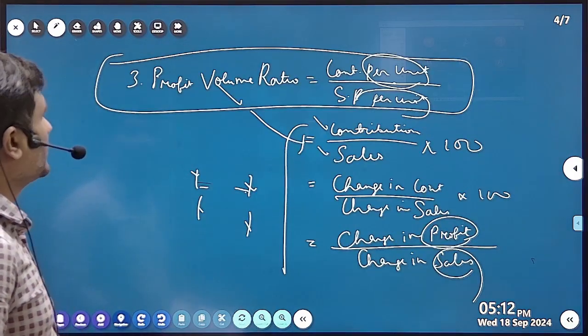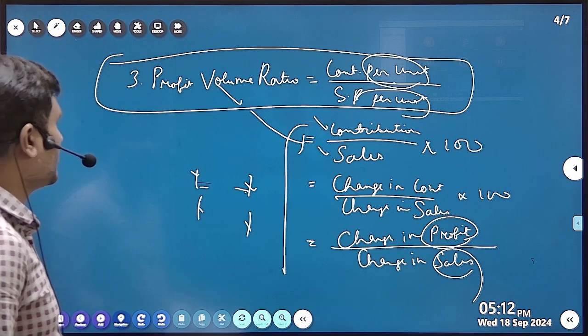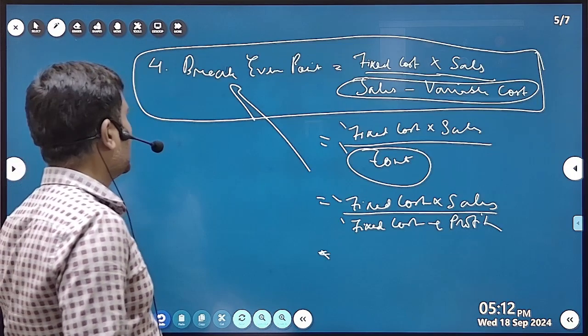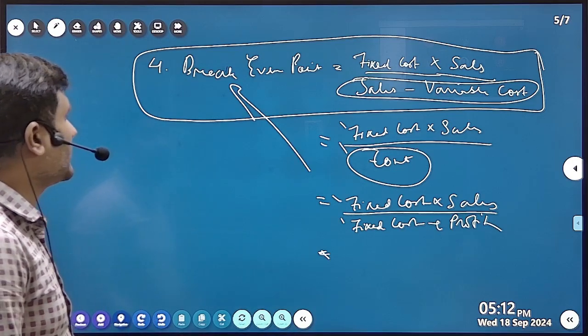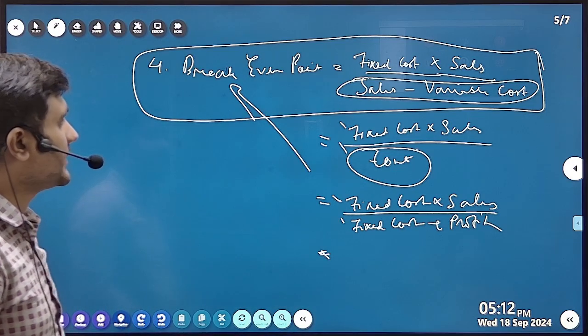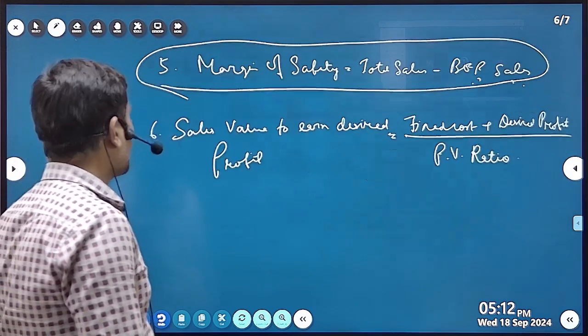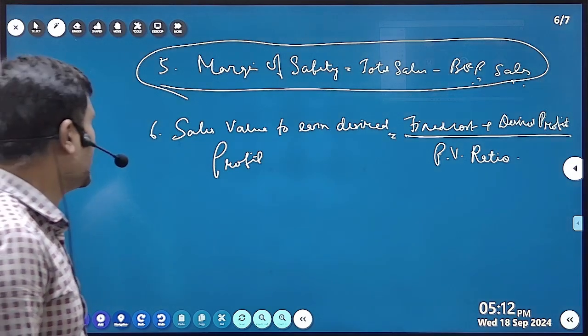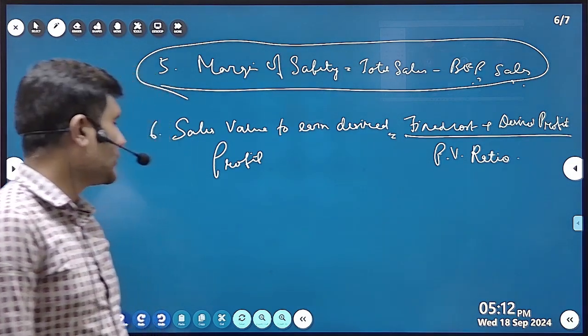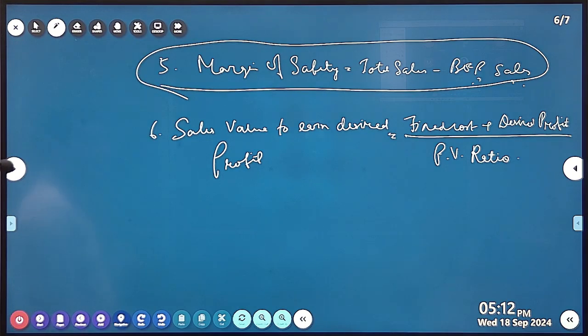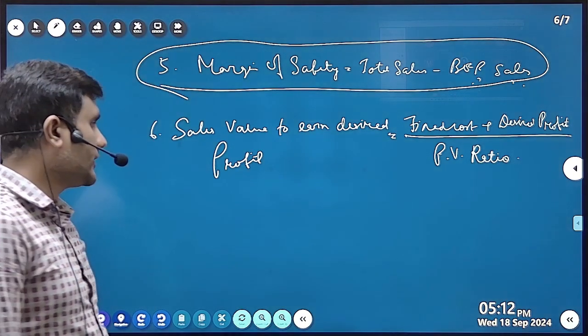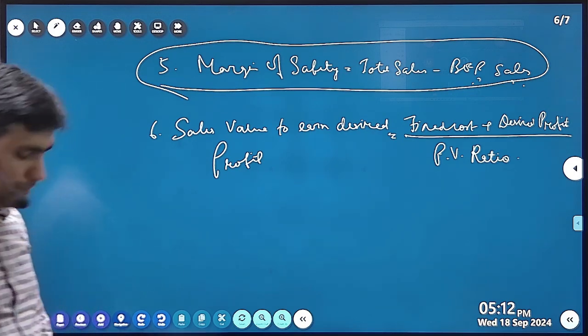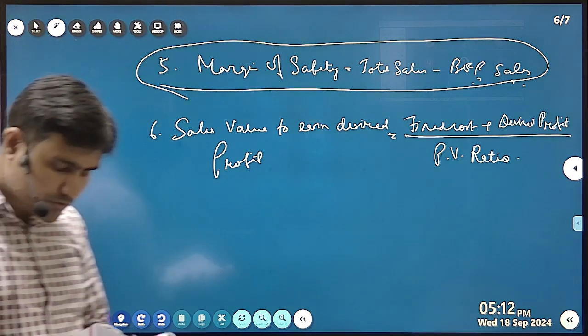Then PV ratio equal to contribution per unit by selling price per unit. Break even point equal to fixed cost into sales by sales minus variable cost. Then margin of safety equal to total sales minus BEP sales. Sales value to earn desired profit equal to fixed cost plus desired profit divided by PV ratio. So we will start with 3.1.